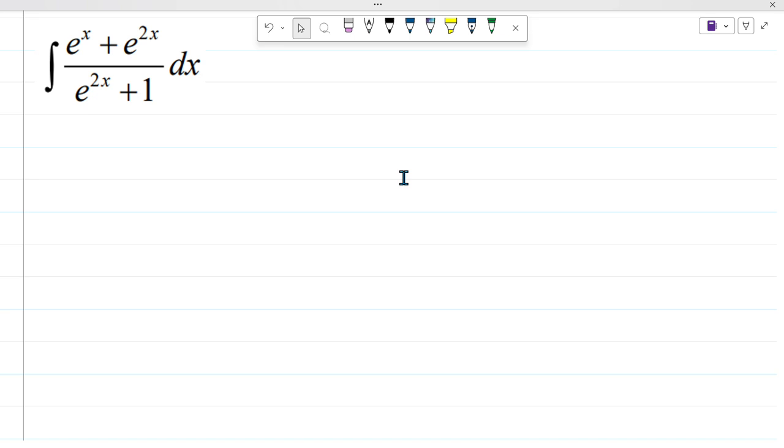So now we've got the integral of e to the power x plus e to the power 2x divided by e to the power 2x plus 1 multiplied by dx. Makes sense, right? So from here, what are we going to do? We are going to split, because we can see that already here this is the format that requires us to split.